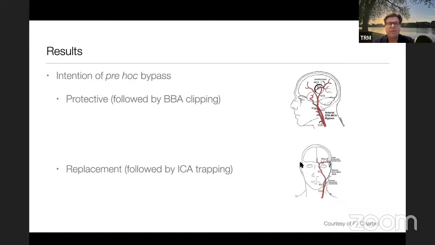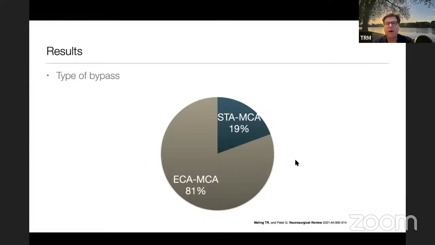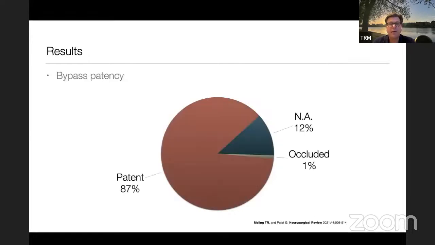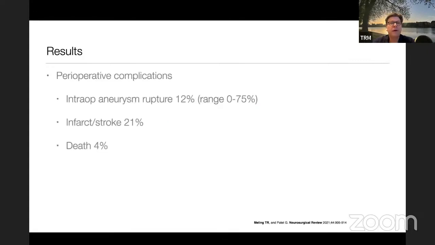Of course, the protective after BBA clipping or replacement. The type of bypass was mostly ECA to MCA and not STA, because we fear that will not give enough blood. Rupture did not occur with this technique in the majority of cases, and the bypass was patent in also the majority.